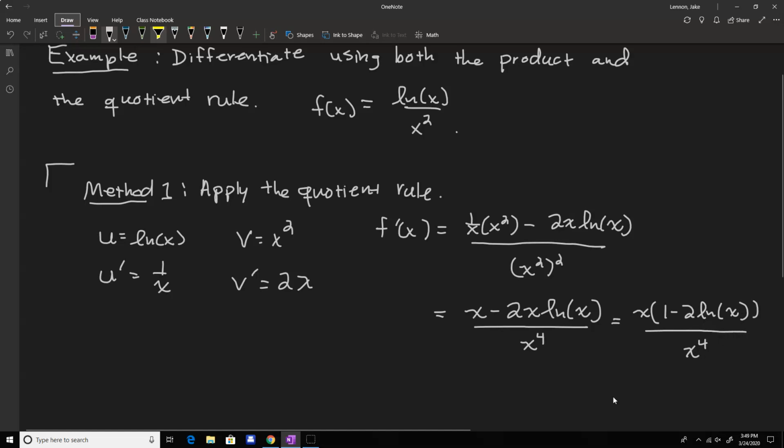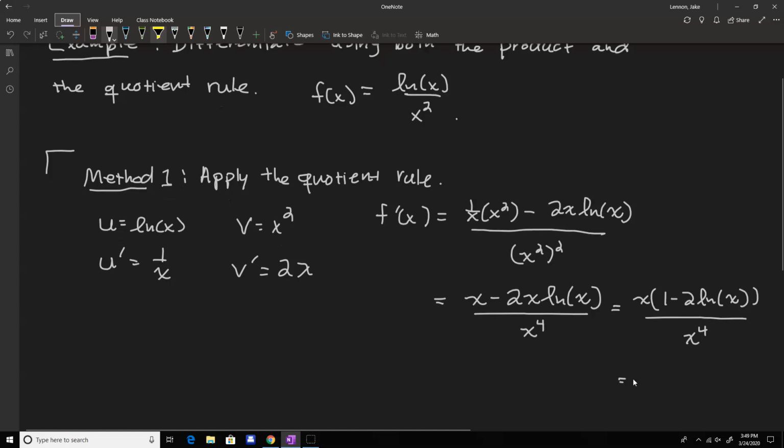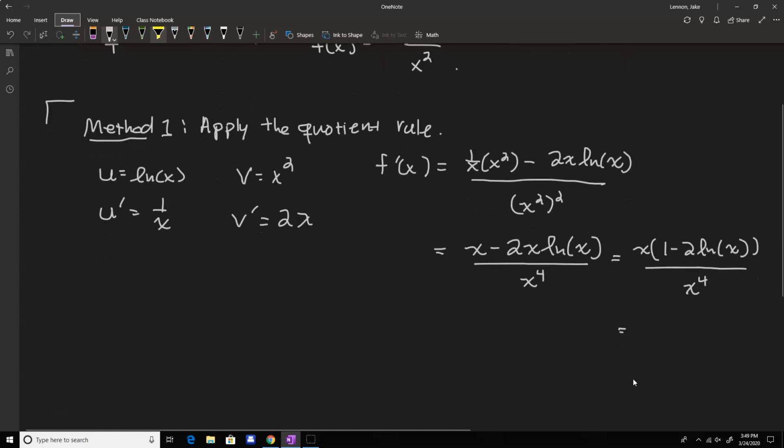And normally I would not perform this simplification just due to the fact that it's fine the way it is, but I'm just doing it here because I want to show that typically the product rule is going to give it in a slightly different form. So basically this x will cancel with this power and it will become a 3. So we can write this as 1 minus 2 natural log of x over x cubed, and that would be the derivative from the quotient rule.